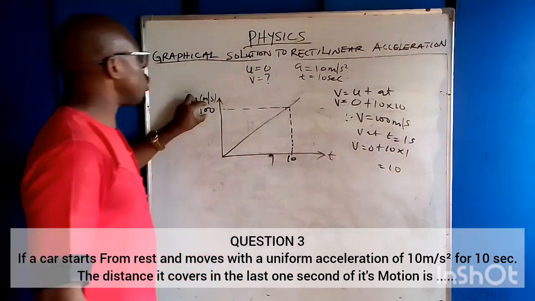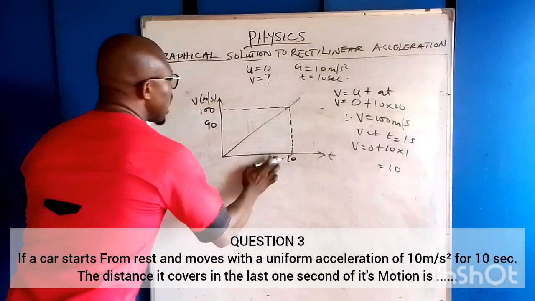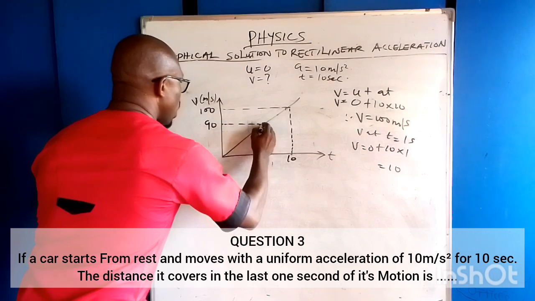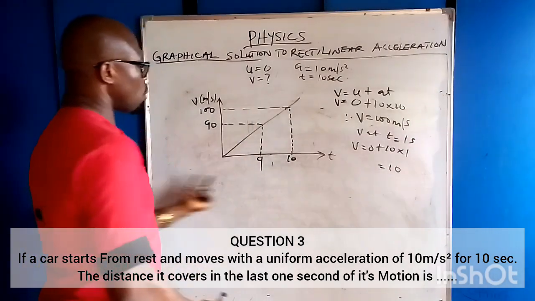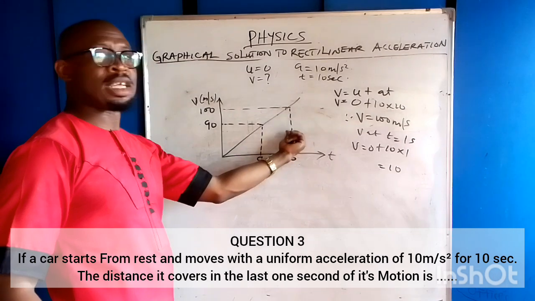Therefore, if we subtract 10 from here, we are going to have 90. If we trace this 90 up to where it touches the line, we have 9 here. This is where we find the distance.